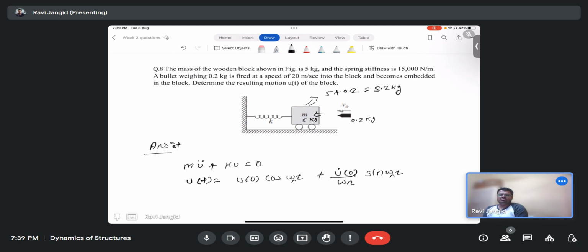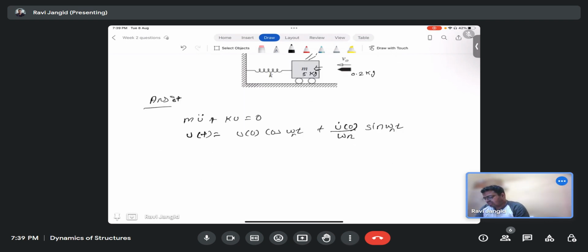So momentum conservation: the momentum will be the same before and after. Like if a mass m1 is moving at a speed of v1, and there is another stationary mass m2, and it hits this system, what will be my equation?